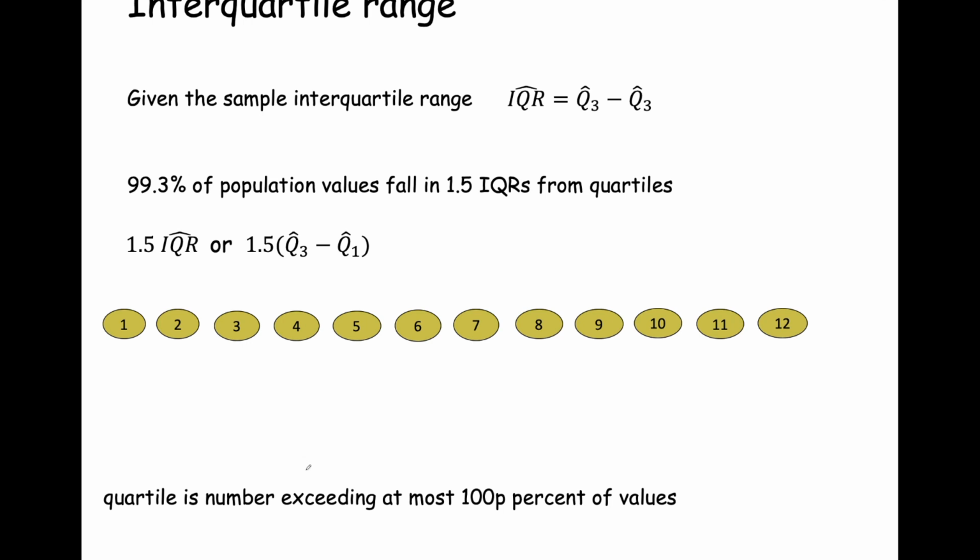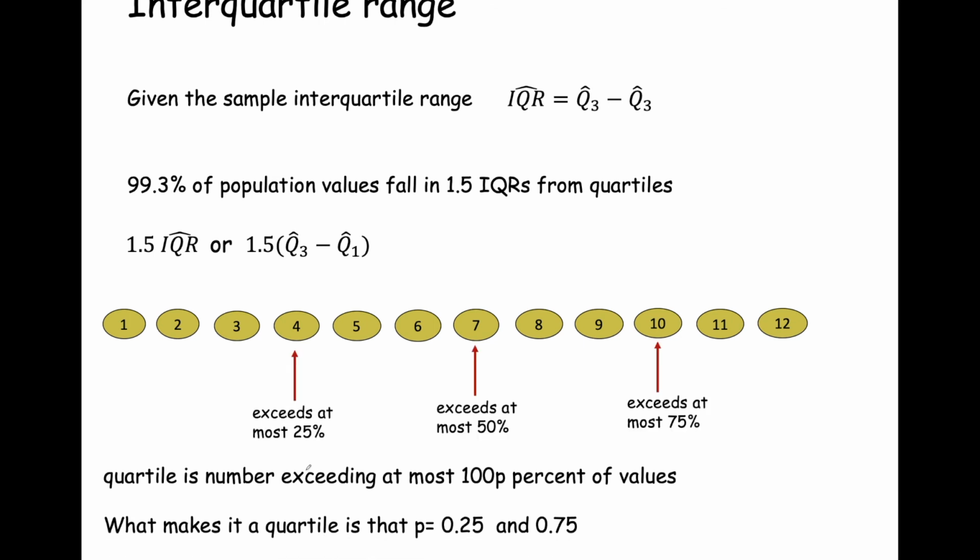So let's take an example, and in this example we have a bunch of measurements, and these values are sorted in non-decreasing order: 1, 2, 3, 4, 5, 6, 7, 8, 9, 10, 11, and 12. And we said the quartile is the number that exceeds at most 100p% of our values. So let's go ahead and calculate our quartiles. Here p is 0.25 and 0.75: Q1 is 0.25, and Q3 is 0.75.